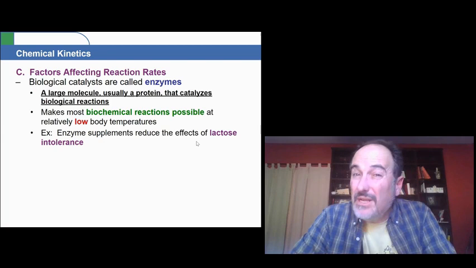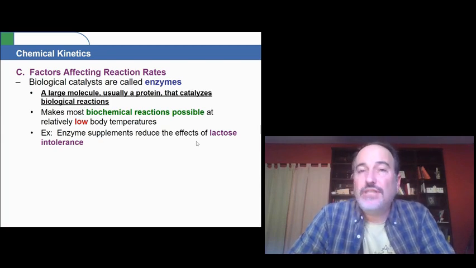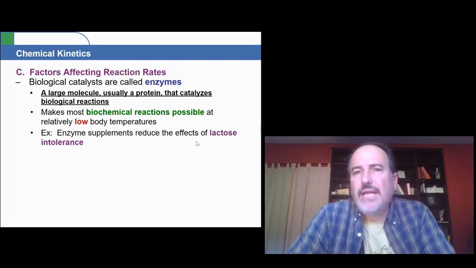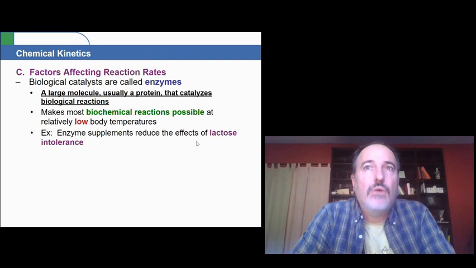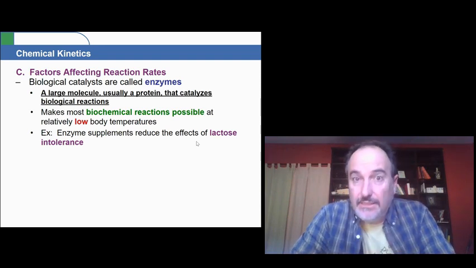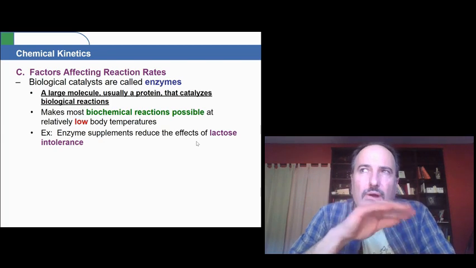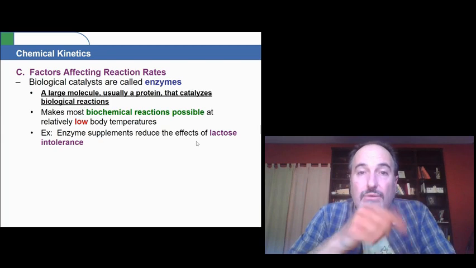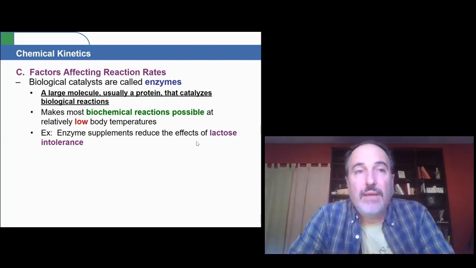It's actually kind of weird that we're able to digest another organism's milk, if you think about it. However, a mutation occurred thousands of years ago in Europe and the Middle East and parts of Africa. And this mutation allowed human beings to digest cow's milk.